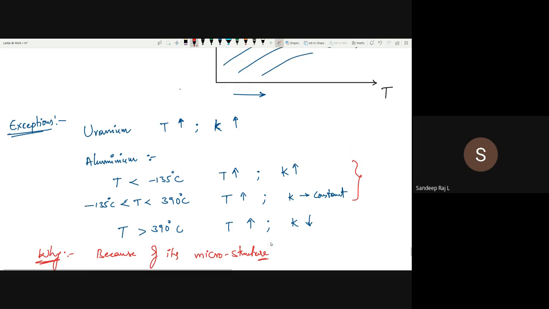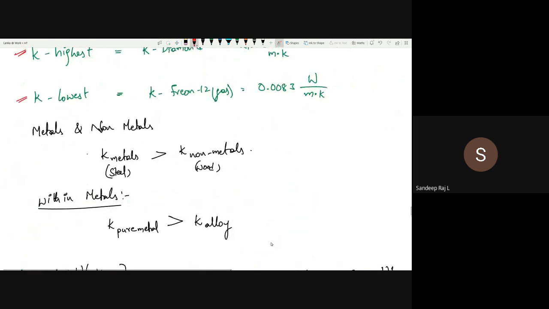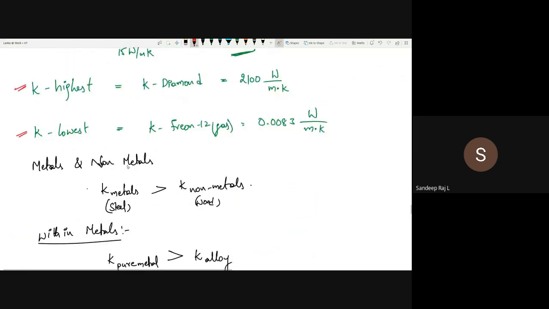Right. I should have told you one more exception here. I generally told that thermal conductivity of the diamond is highest, but I forgot to tell you the exception.